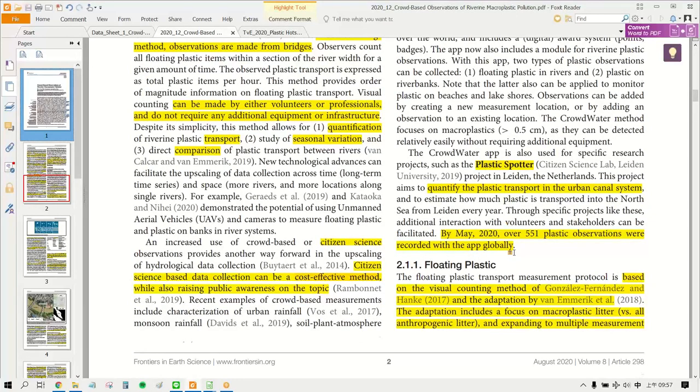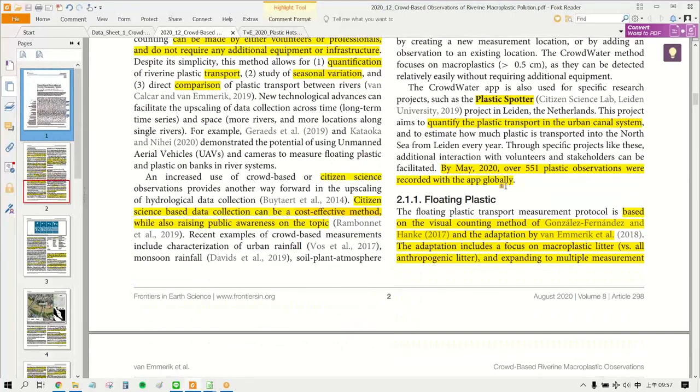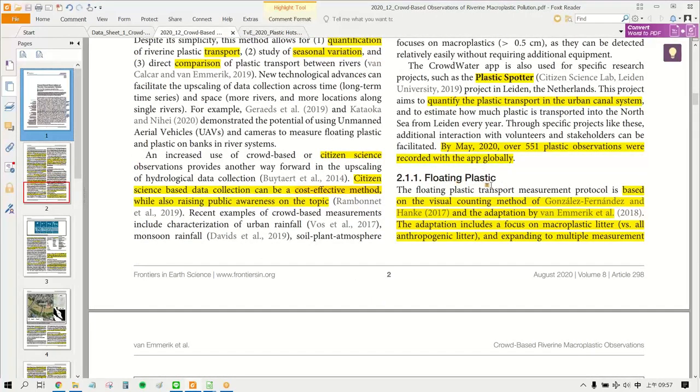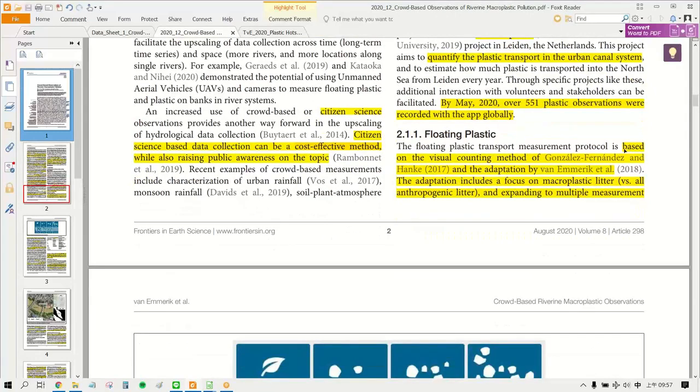After introducing the apps, they introduce the floating plastic. The traditional method is visual counting. It was developed by this author and this one, but the first author of this paper, Tim Van Emmerik, has made some adaptations.